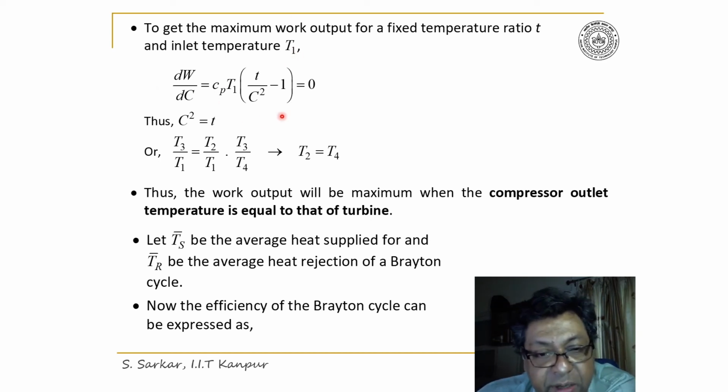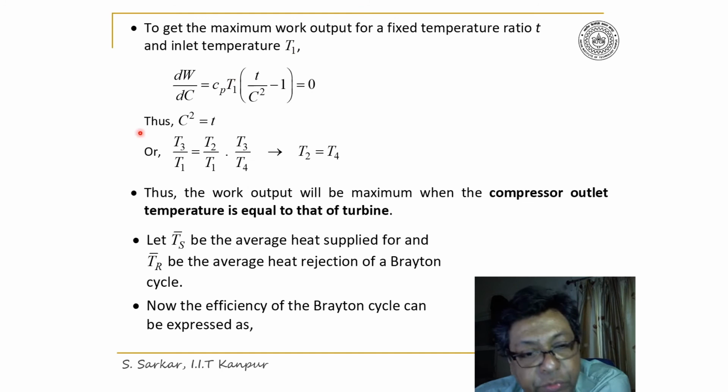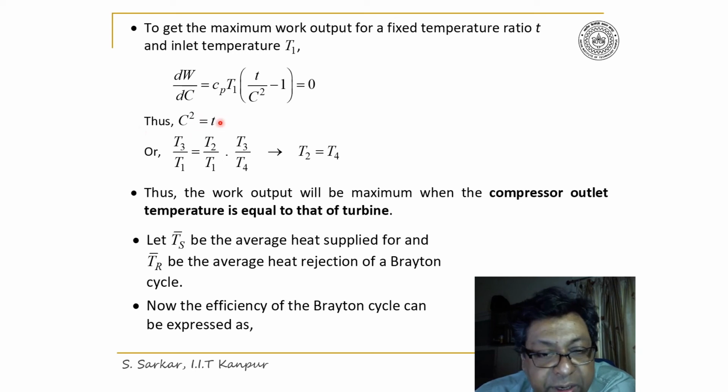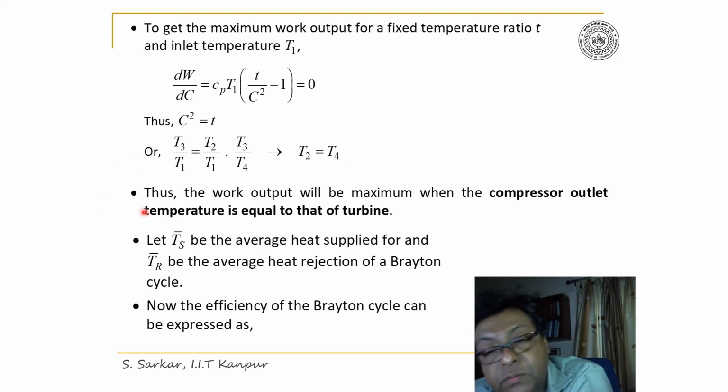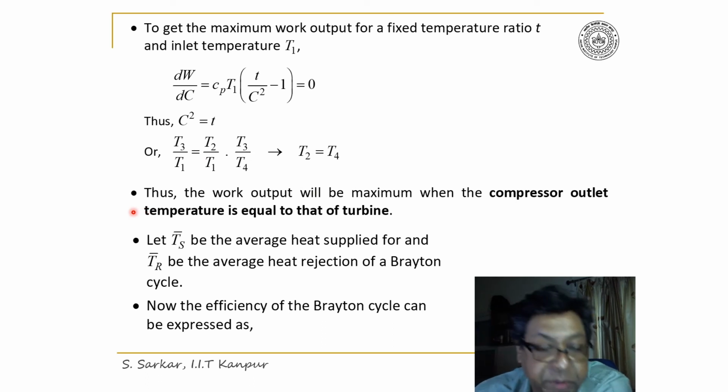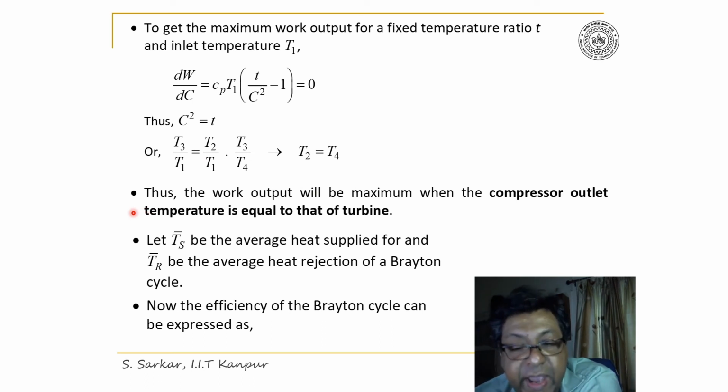If you put this equal to 0, then you land at C square is equal to small t. Now what is small t? Small t is equal to T3 by T1, and C square I have written in terms of T2 by T1 into T3 by T4. This equation will lead to T2 is equal to T4. Thus, work output will be maximum when the compressor outlet temperature and the exhaust temperature from the turbine are the same.